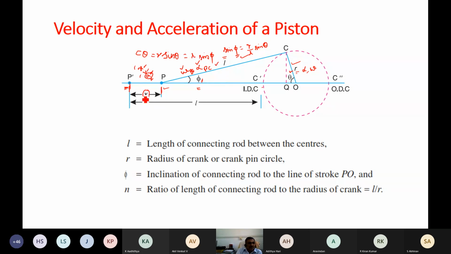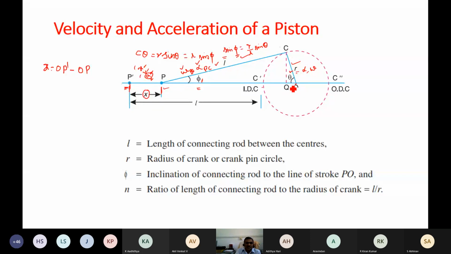How to calculate? The value of x is equal to OP dash minus OP, that is equal to x, right? What is OP dash? When theta is equal to 0, P will come to P dash.